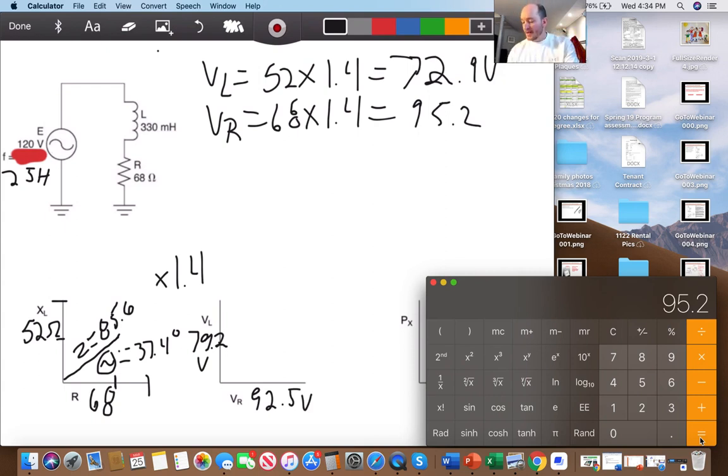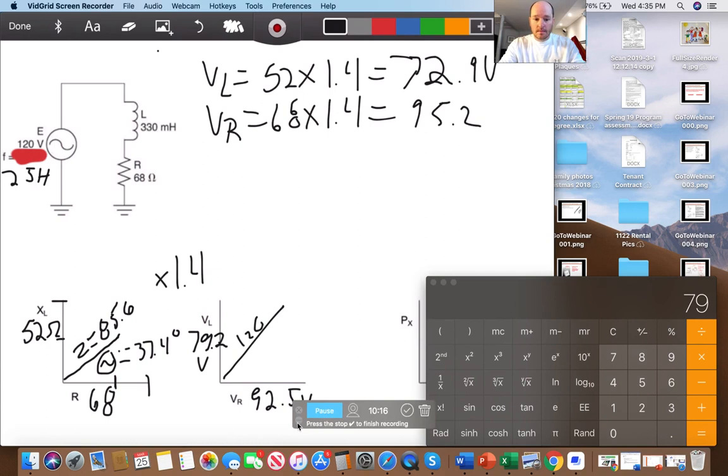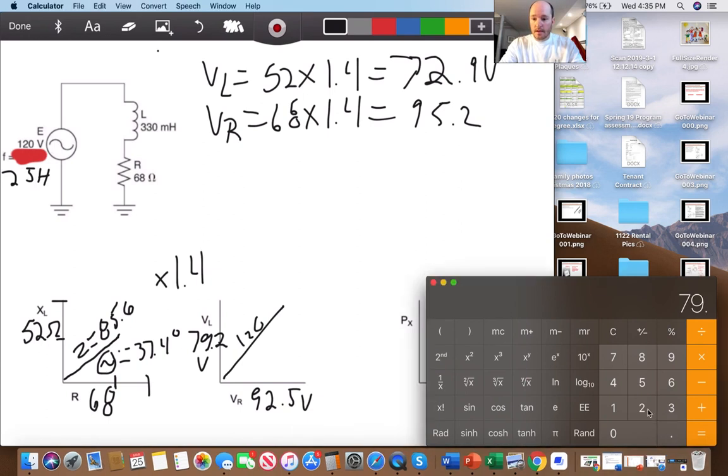Now, we know what our voltage total is. It's 120. And I can prove that through Pythagorean's theorem. So if I take 79.2 squared plus 95.2 squared, and I take the square root of that, I'm at 95.